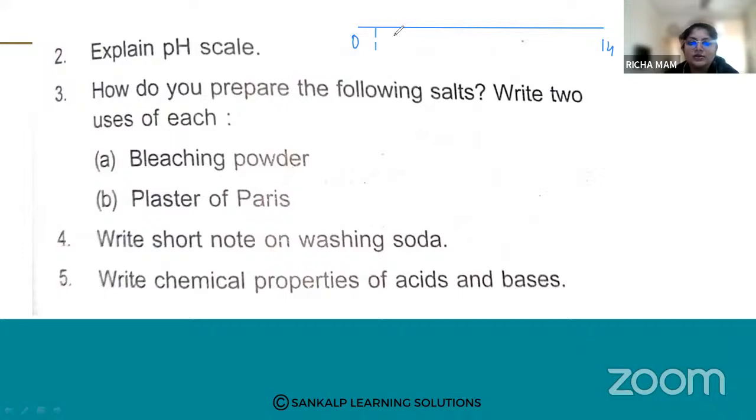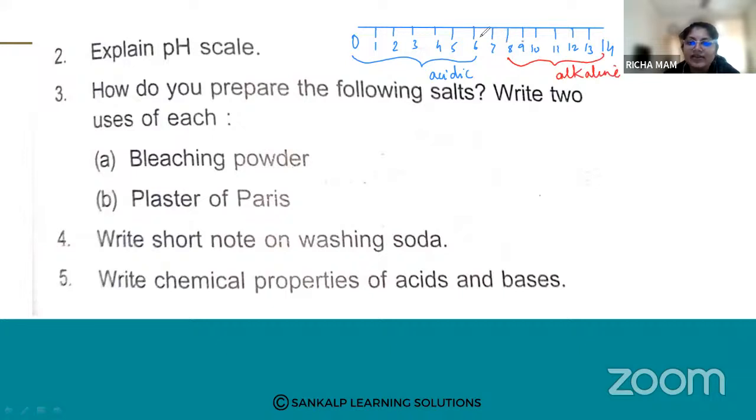Basically, 1 to 6 is acidic pH. Then 8 to 13 is alkaline pH.